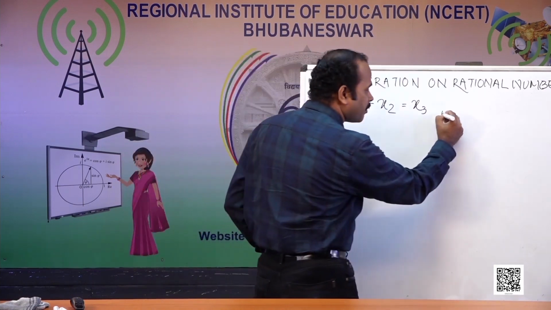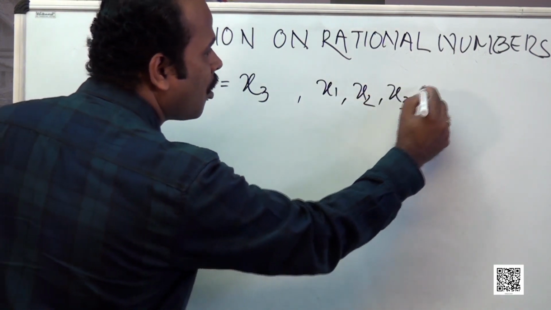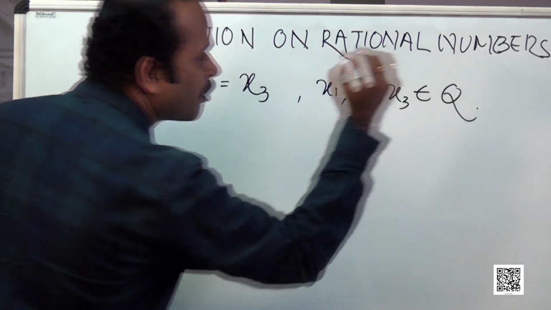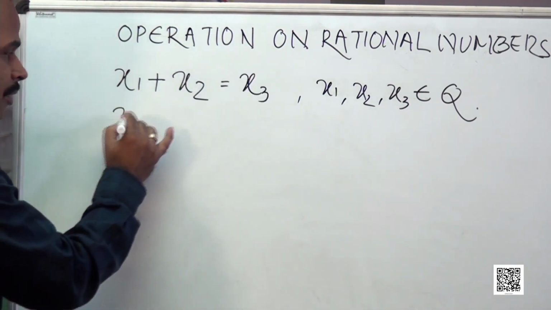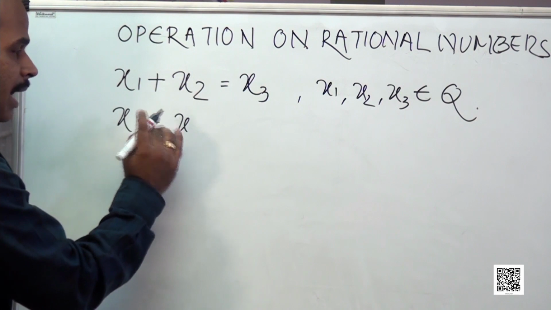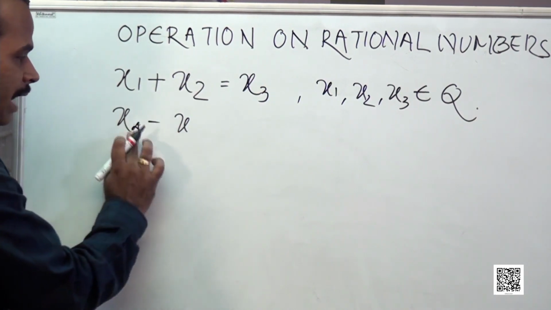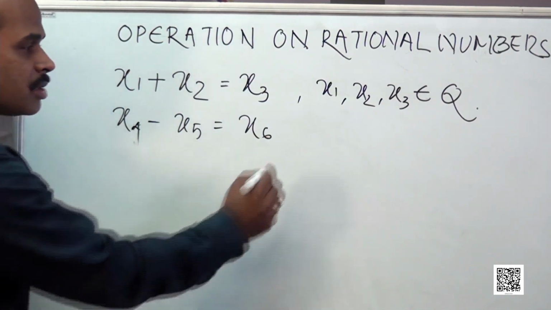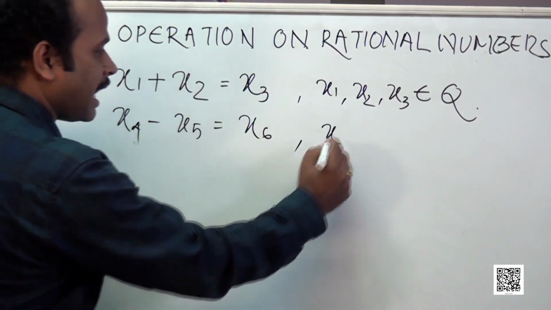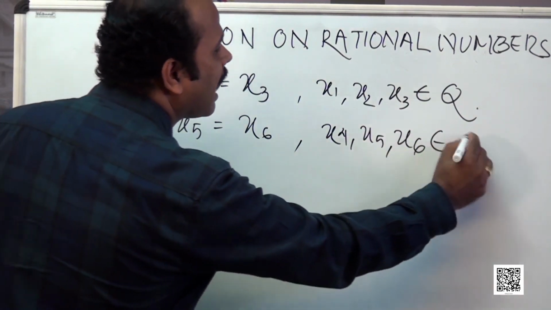Here x1, x2 and x3 all belong to the rational numbers. Similarly, if you subtract a rational number from another, suppose this is x4, and I subtract x5 from it, I will find x6. Here also x4, x5 and x6 are all rational numbers.